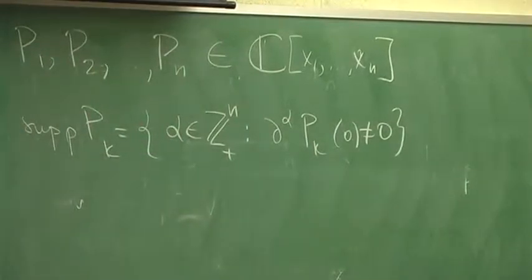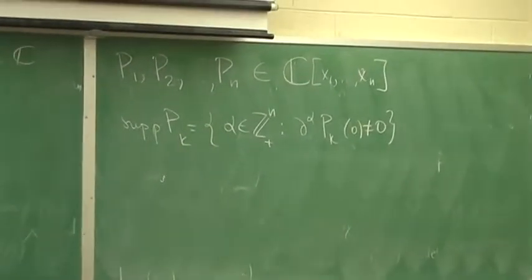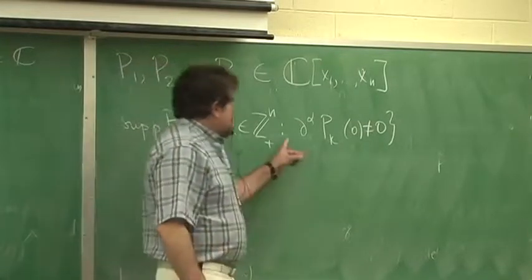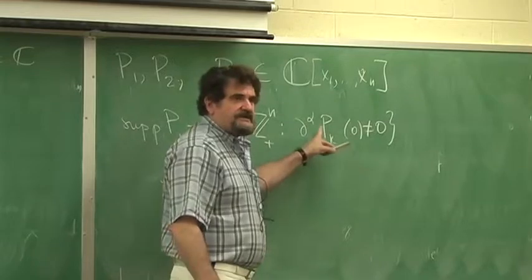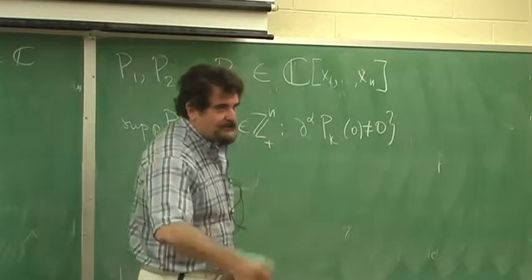This derivative is the coefficient of this polynomial. You have to divide by alpha factorial, but if it is not 0, it doesn't matter.